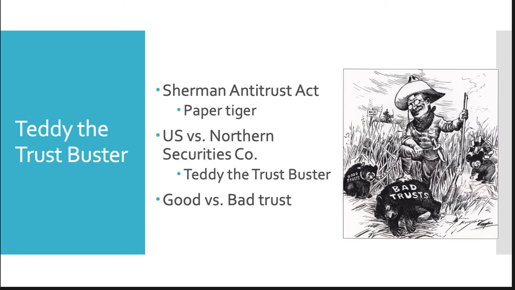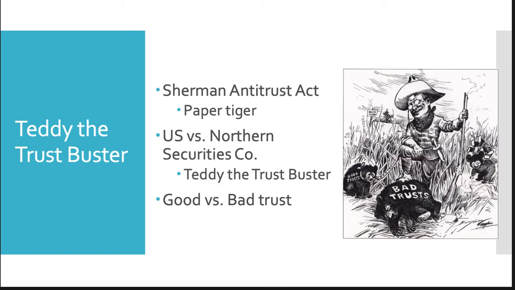So, the Sherman Antitrust Act is a paper tiger. It was only for a show on paper to make it look like the government was doing something, taking action. But in reality, there was no use of this piece of legislation.